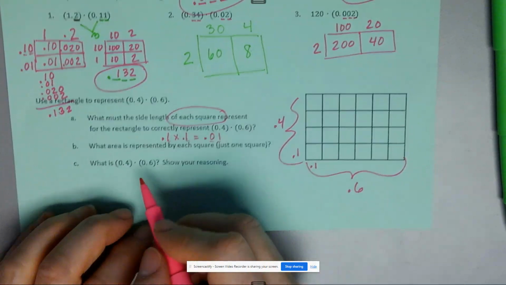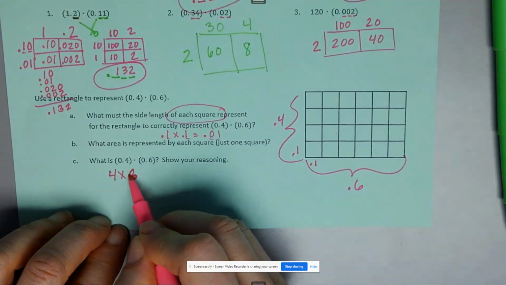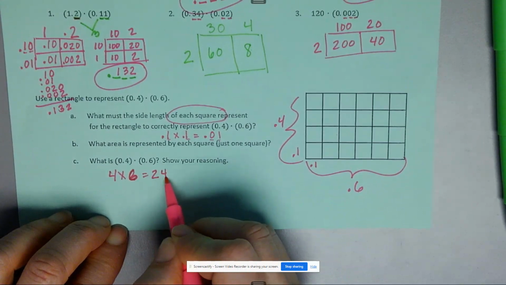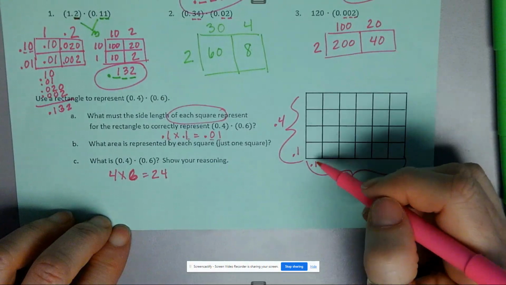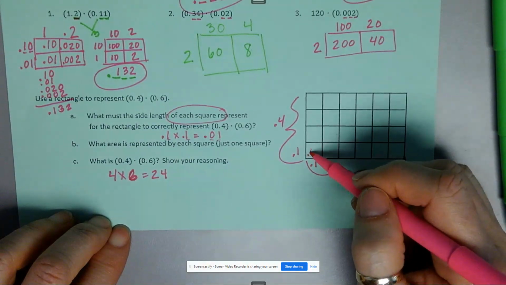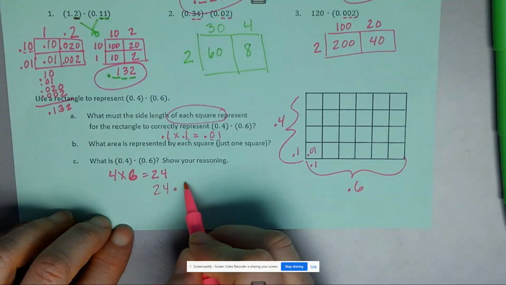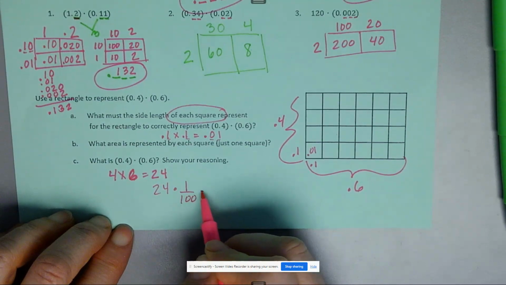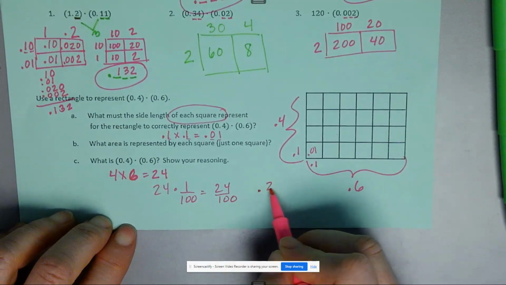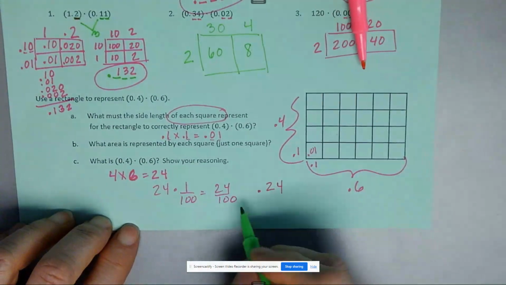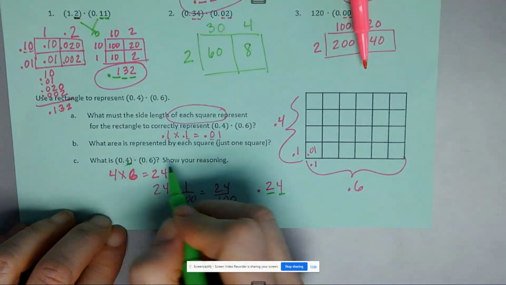Well, then I know 4 times 6 is 24. And I know it's 24 hundredths because this is 1/100th, then there's 24 of them. So you're going to basically have 24 times 1/100, which is 24 hundredths, which is 0.24, because there's 2 zeros, or there's 2 places.